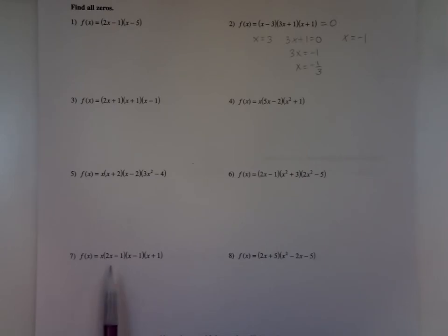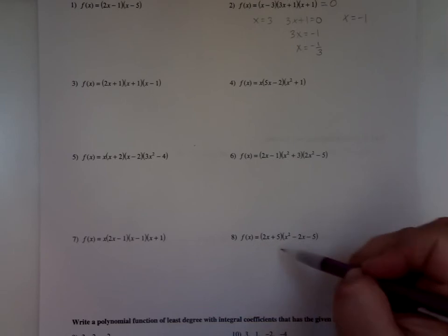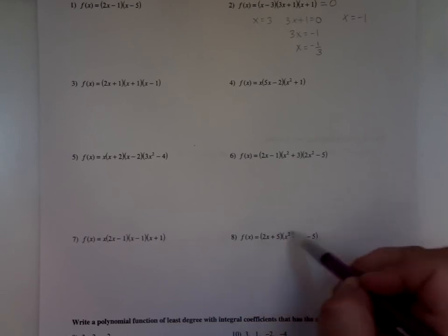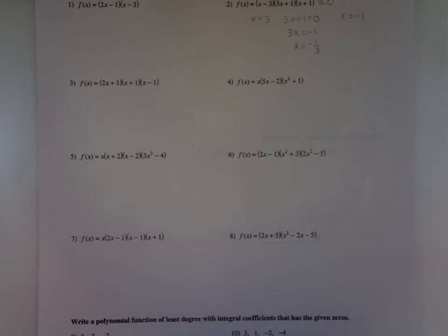If you look at number 7, we've got 4 factors here, so we're going to get 4 solutions. Number 8, if you look here, you notice we have a linear factor and a quadratic factor. That quadratic factor is irreducible.